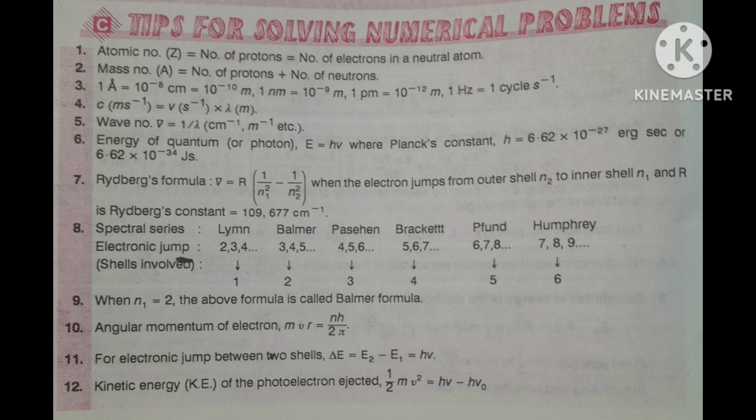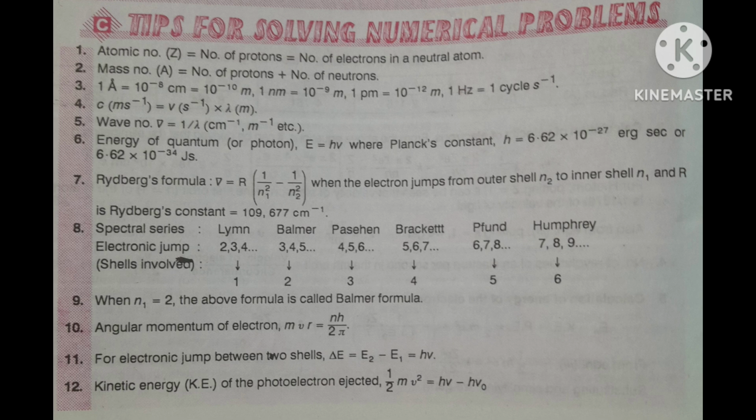Also you can say n1 means lower orbit, n2 means higher orbit.